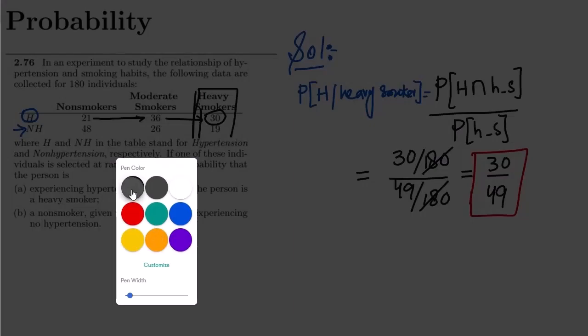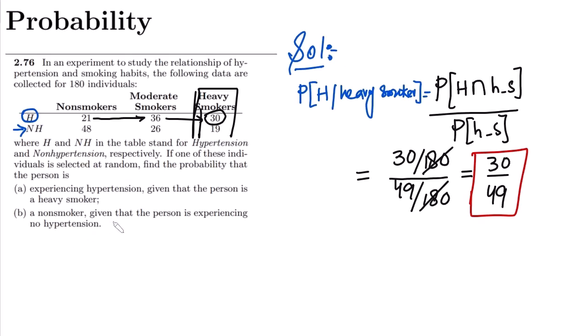Similarly, now the probability of a non-smoker, given that the person is experiencing non-hypertension. So what do I have to find out? I have to find the probability that a person is a non-smoker, given that the person is experiencing no hypertension.